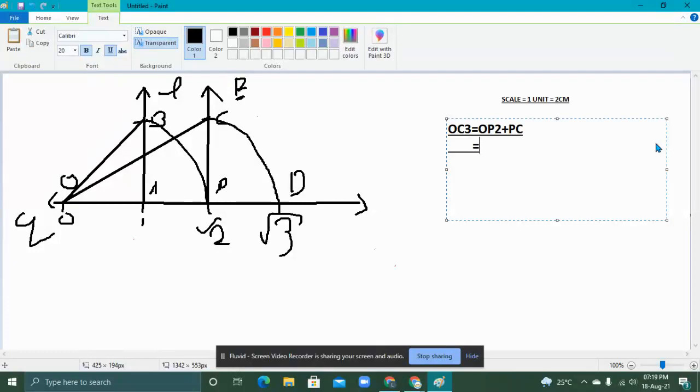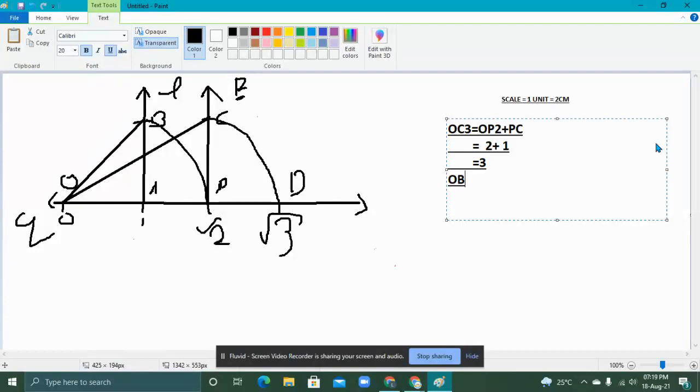Equals to, what is OP square? It will be root 2. Keep in mind root 2. I cannot write root 2 here, so 2 plus 1 equals to 3.